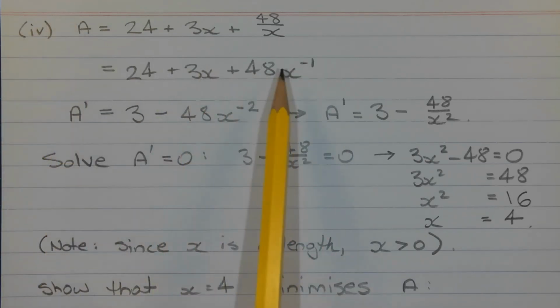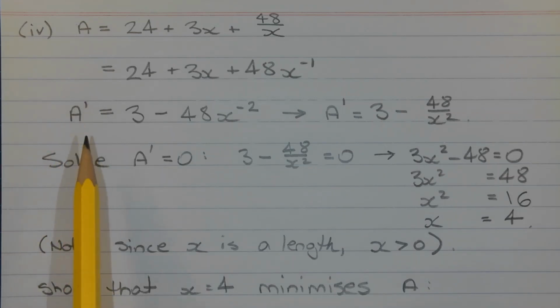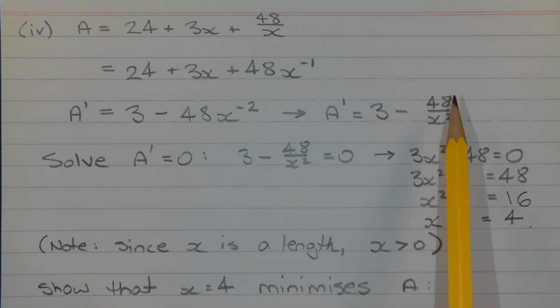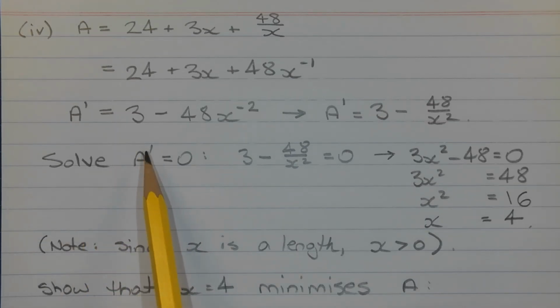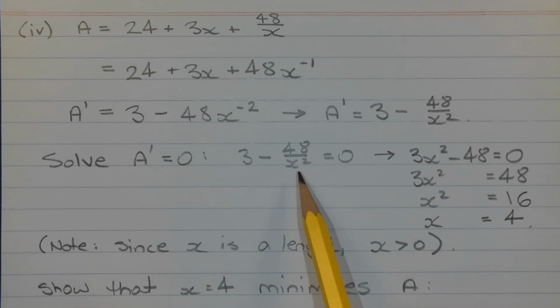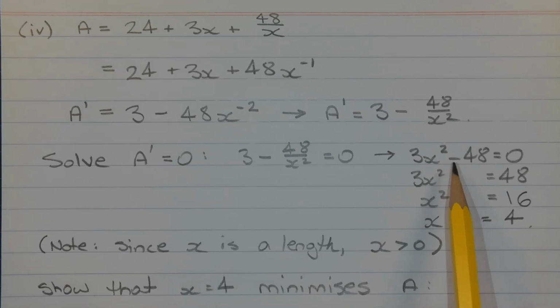Differentiating A with respect to x, we get A dash is equal to 3 minus 48 times x to the power of negative 2, which is 3 minus 48 over x squared using a positive index. Next, we solve the equation A dash is equal to 0. That is 3 minus 48 over x squared is equal to 0. Multiplying all terms by the denominator x squared, we get 3x squared minus 48 is equal to 0.